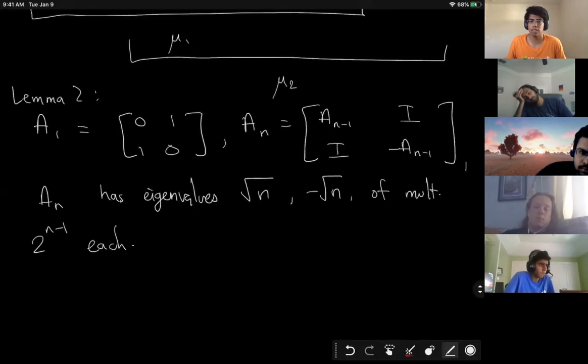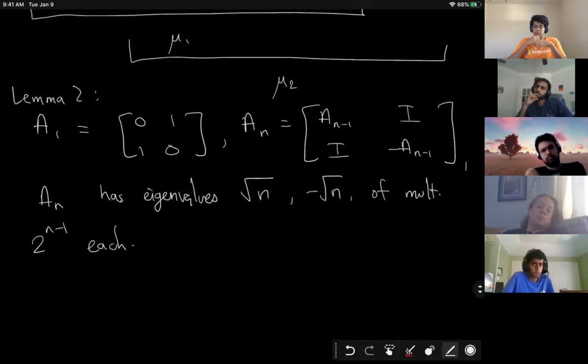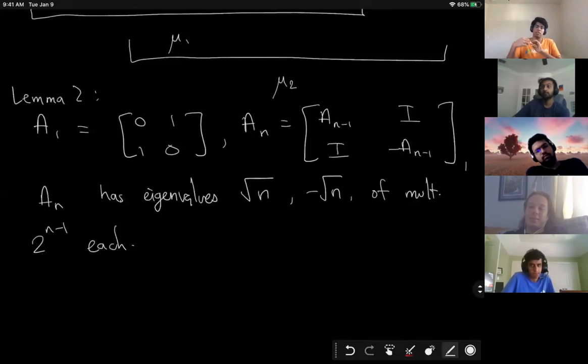Proof. Okay, who wants to take a crack at this? How would you try to prove something like this? We'd start with the base case and prove that it has the right eigenvalues, and then we'd induct. Yeah, exactly.